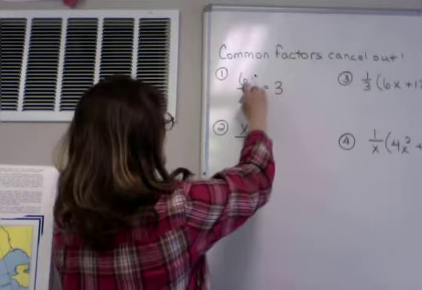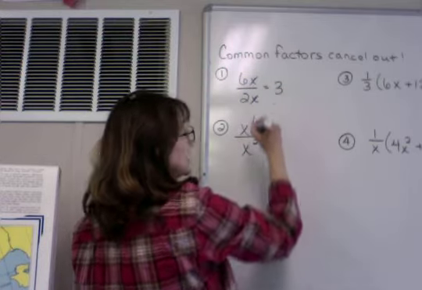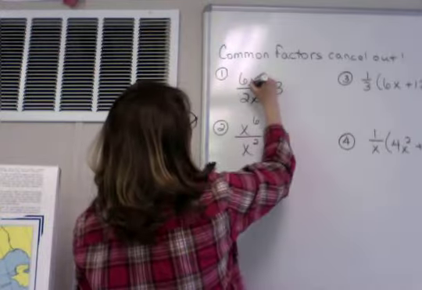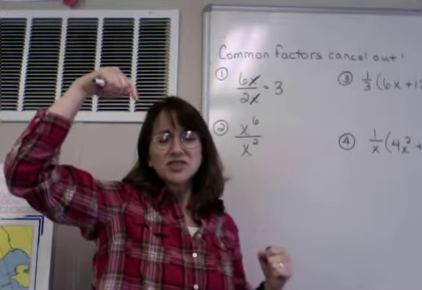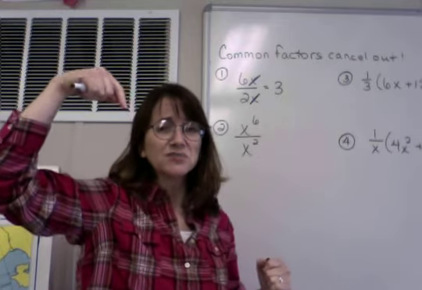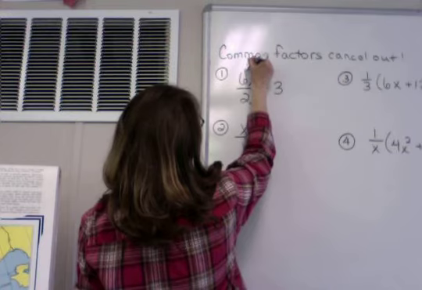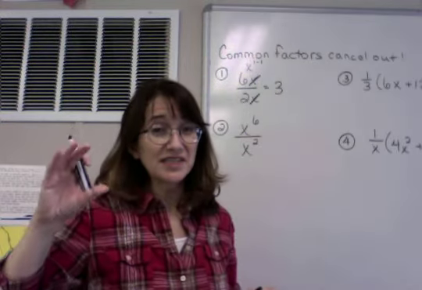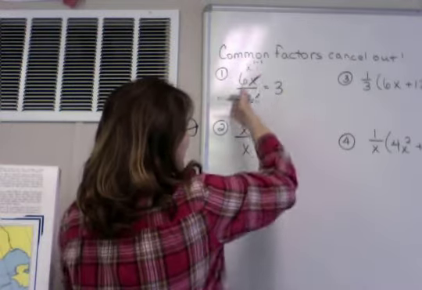Do I have something common? I do have something common right there. That would cancel out. So these two x's have canceled out. X divided by x, or you can think of the little exponent of 1 as being subtracted by the exponent of 1. We could have also written it out like this, 1 minus 1. That becomes 0, so anything to the exponent of 0 is 1. So the x's are gone.